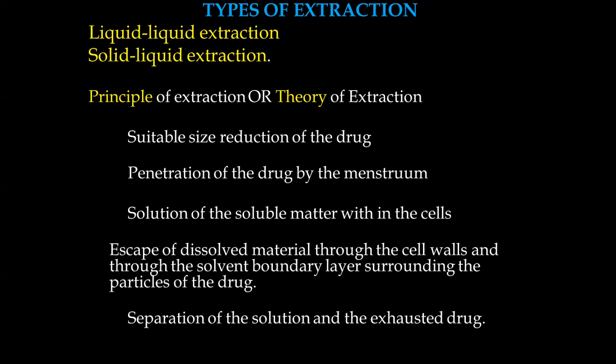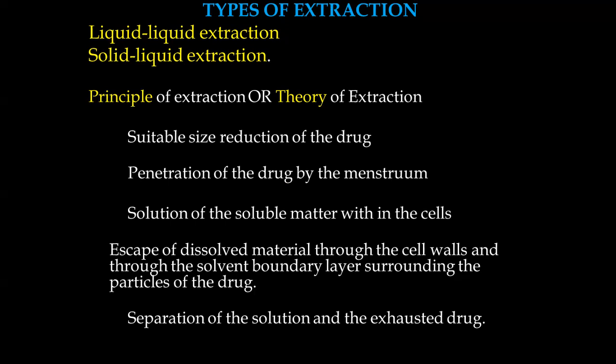When the solution is coming out of the cell, it is called exoosmosis. Here the escaping of dissolved material through the cell wall and through the solvent boundary layer, which is surrounded by the particles of the drug.